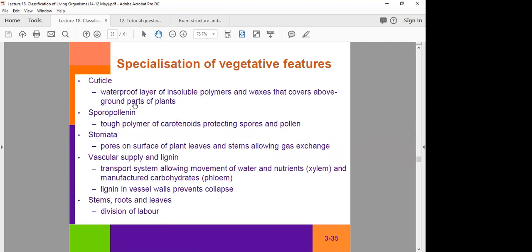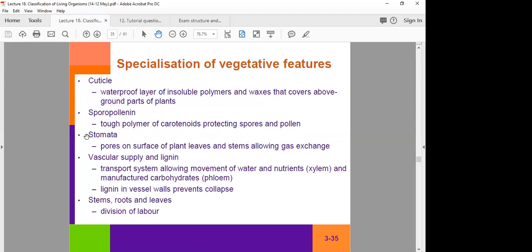So it's not a layer of cells, it's just a waxy layer that's actually secreted by those outer epidermal cells of plants. Plants also evolved to produce this tough substance called sporopollenin, and this is a substance that protects both spores, that is, spores are produced by certain groups of plants, and also pollen.